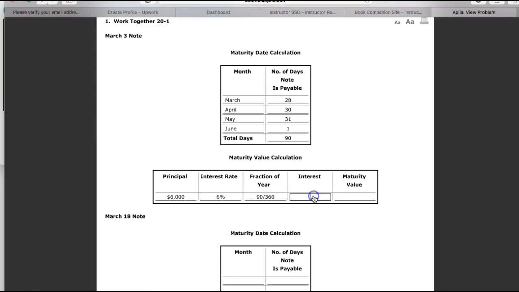The interest then will be $90. The maturity value is going to be the principal plus the interest, so that'll be $6,090. And we are now done with the March 3rd note.